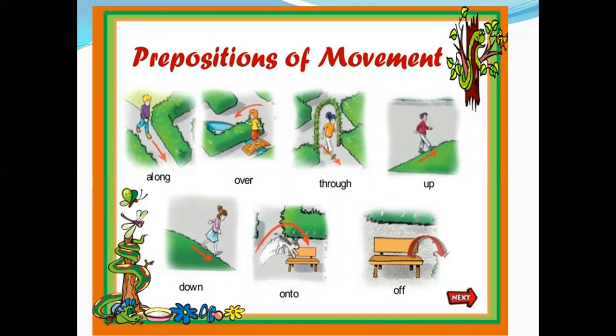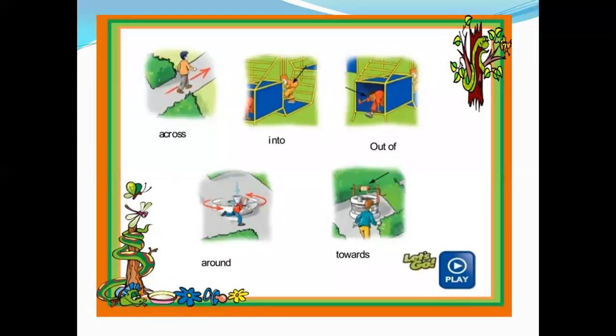Prepositions of movement or direction are along, over, through, up, down, onto, off, across, into, out of, around, towards.